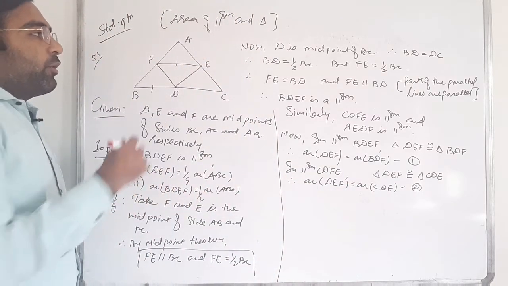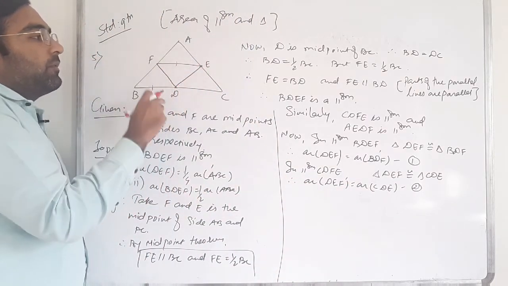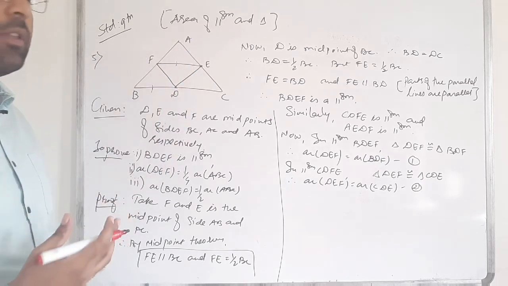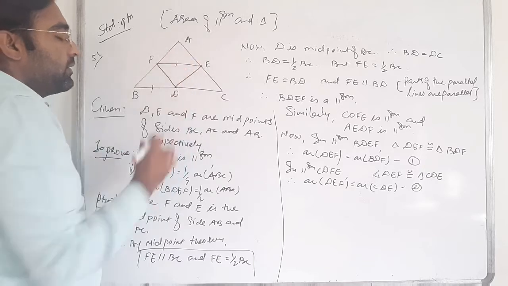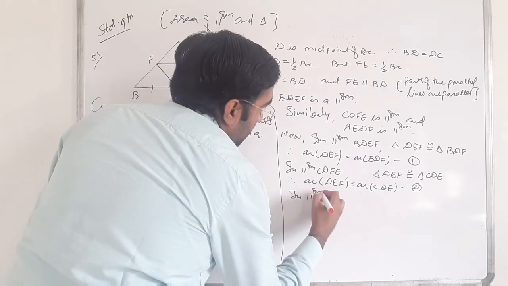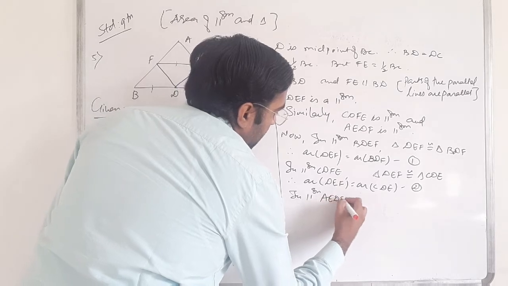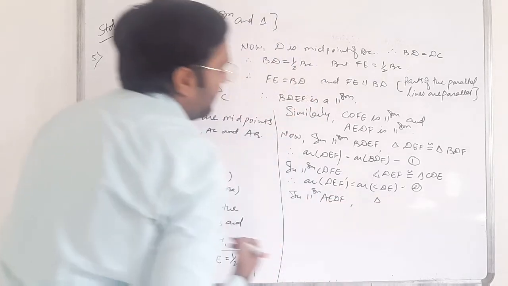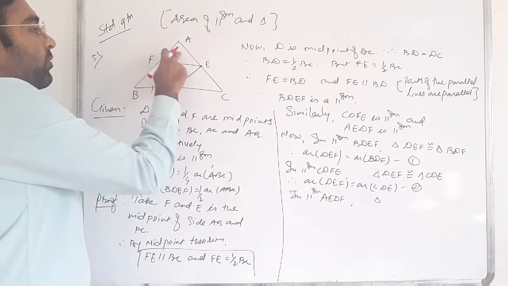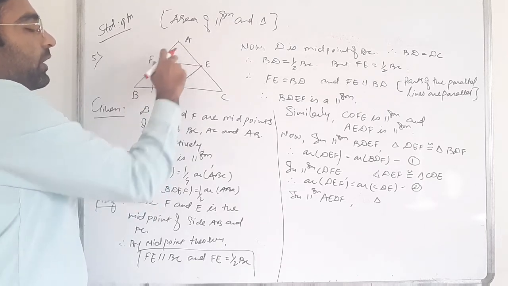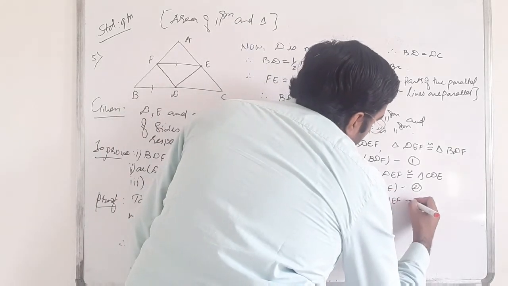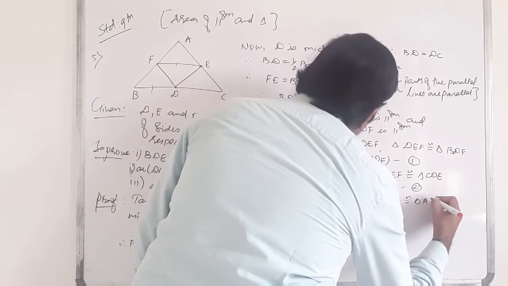Now in parallelogram AEDF, two triangles are also formed, and they are divided into two congruent triangles. So in AEDF, triangle DEF is congruent to triangle AFE.